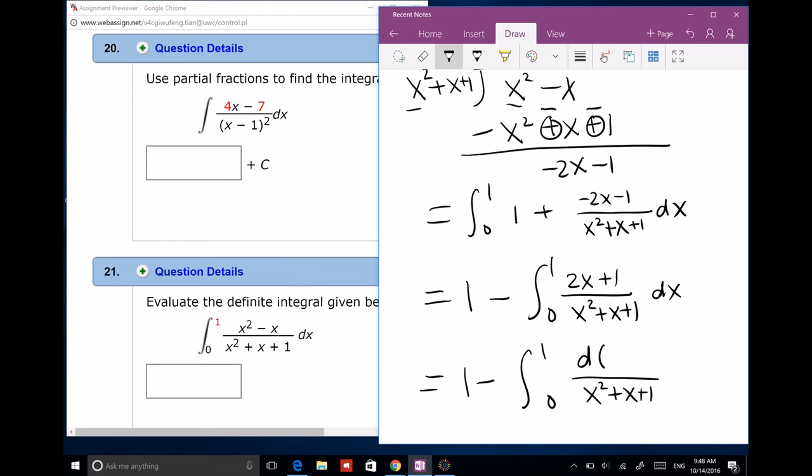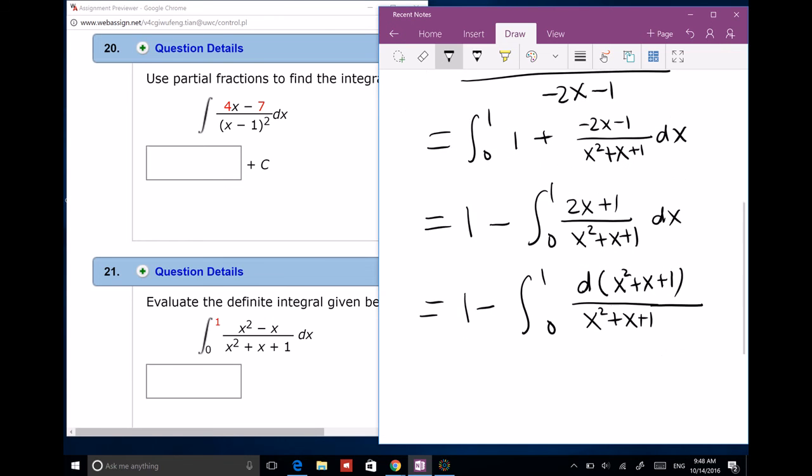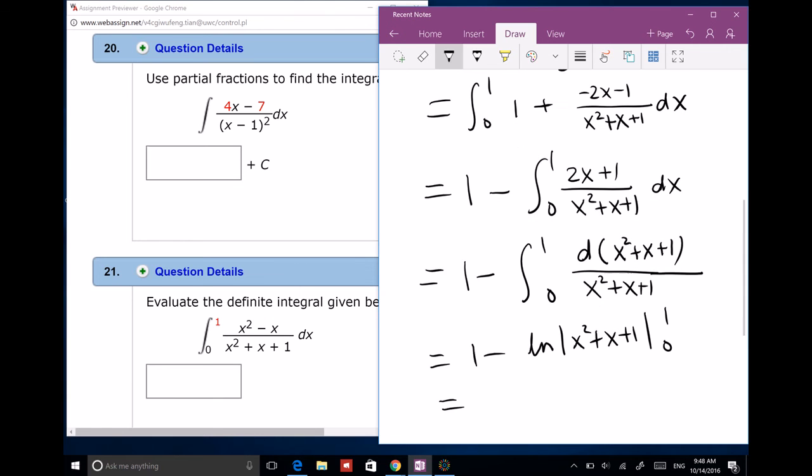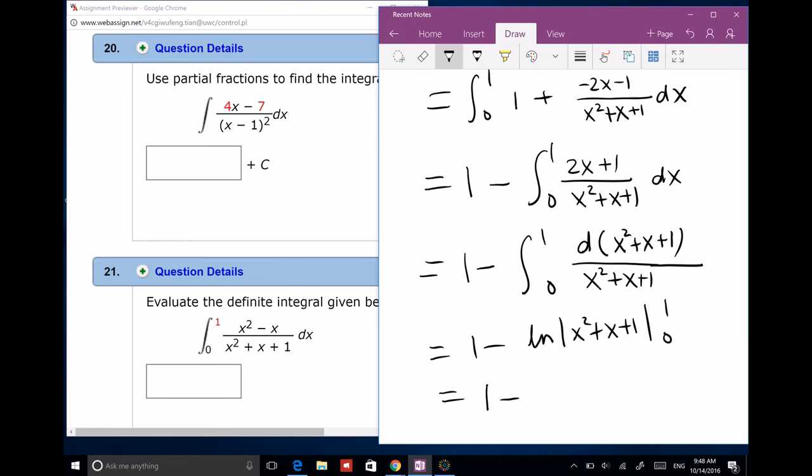Yes, the numerator is the derivative of x squared plus x plus 1. And then the answer is 1 minus ln of x squared plus x plus 1. Then you plug 0 and 1 into it. Plug 1 into it, ln 3. Plug 0 into it, ln 1, which is 0. So the final answer is just 1 minus ln 3. Does that make sense?